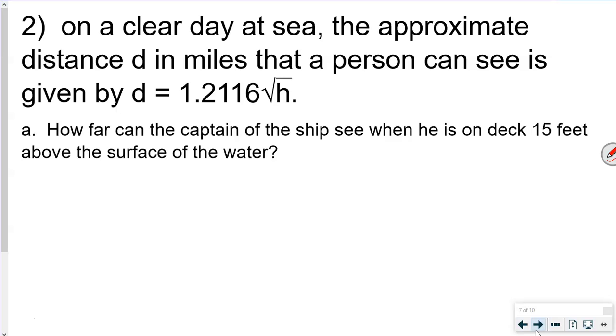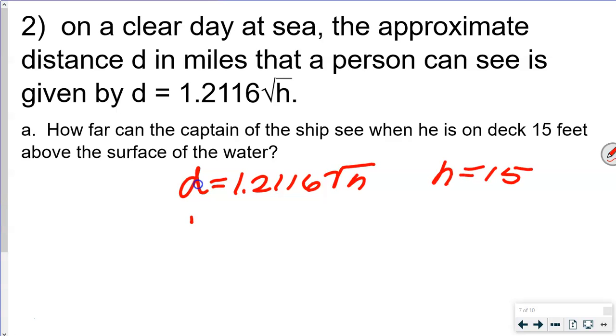On y'all's notes, it says here, on a clear day at sea, the approximate distance d in miles that a person can see is given by 1.2116 times the square root of h, where h is the person's height in feet above the ocean, right? So it says, how far can the captain of the ship see when he is on deck? So again, I'm going to say d equals 1.2116 times the square root of h, and we know h is equal to 15.